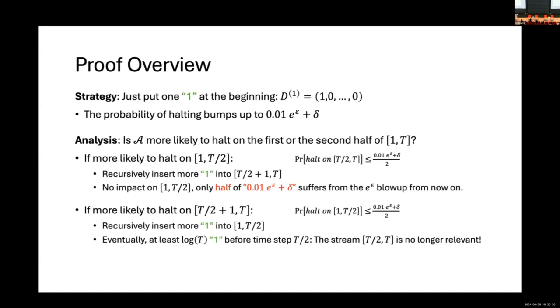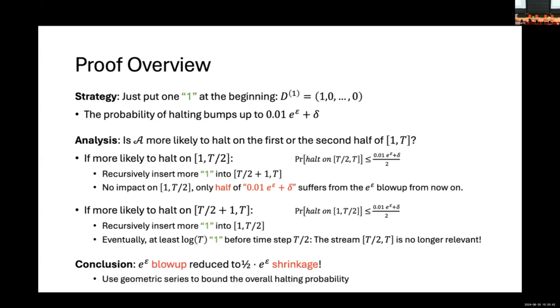So eventually the stream from t over 2 to t is no longer relevant, because if your algorithm didn't halt up to time t over 2, that's already considered a utility failure. Overall, by doing this manipulation, we can reduce the e to epsilon blow up to a half times e to epsilon shrinkage. And finally, you can use a geometric series to bound the overall halting probability. If you are a math genius, you can imagine the whole detail right now. If not, don't worry, the proof is only 1 page.